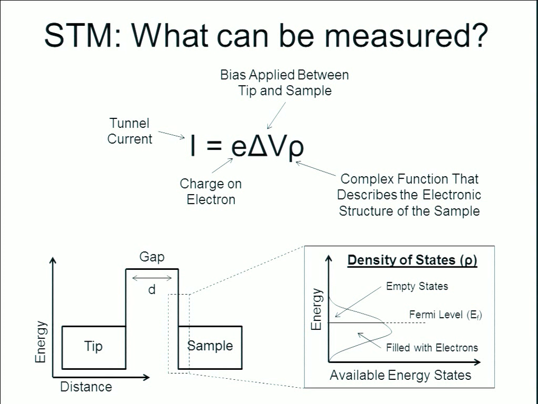Basically, by knowing the terms on the right side of the equation and then measuring the tunneling current, we can end up determining the topographic or height features of our sample.